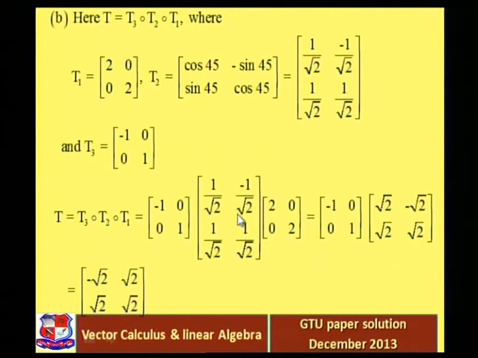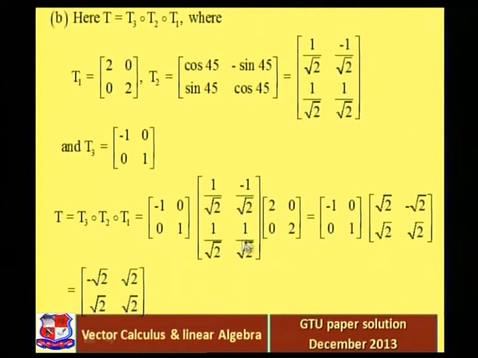First of all we multiply the second and third matrix, so we get 1 by root 2 into 2, so that is root 2. Then 1 by root 2 into 0 plus minus 1 by root 2 into 2, so again we get minus root 2.